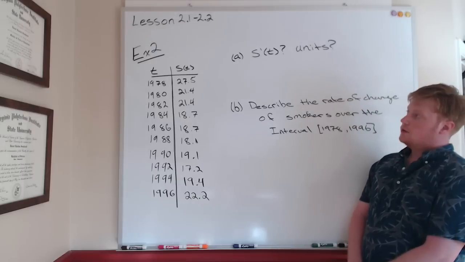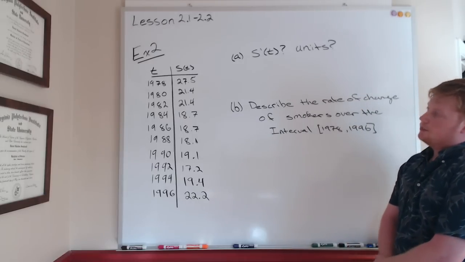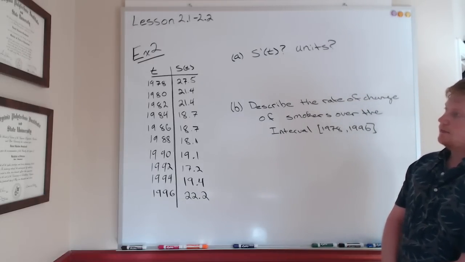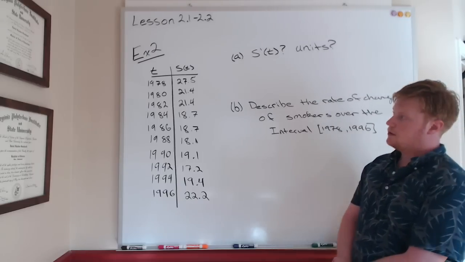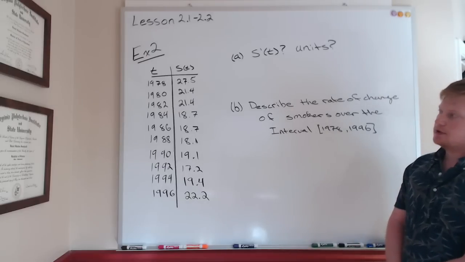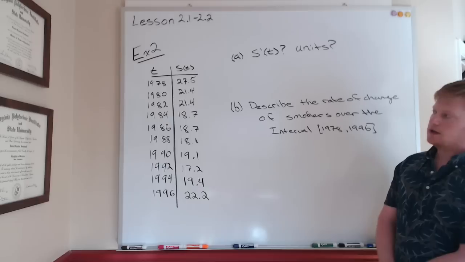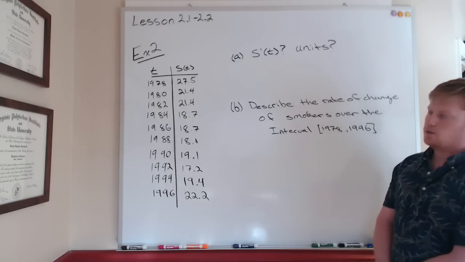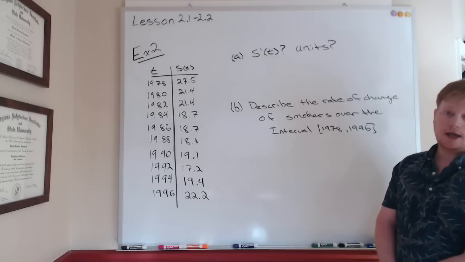Alright, so in this example, I have a table of values. The column for t represents time or a year, and S of t represents the percentage of senior males who said that they had 1 or more cigarettes a day.